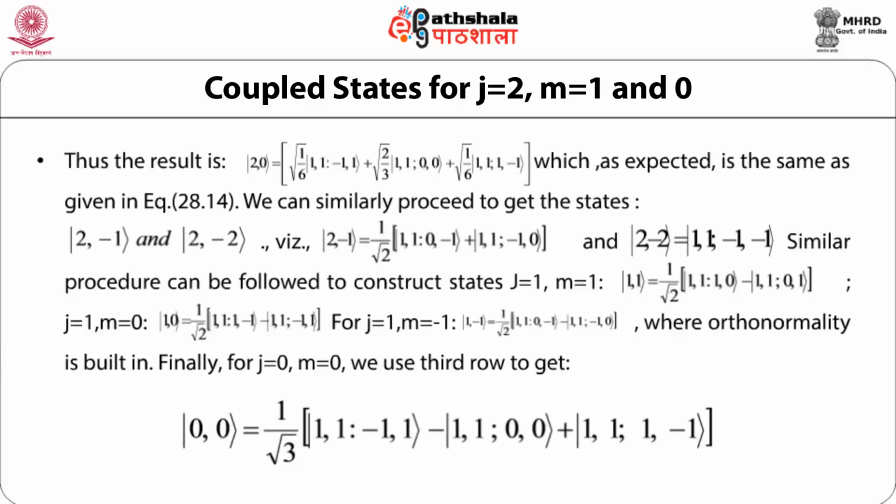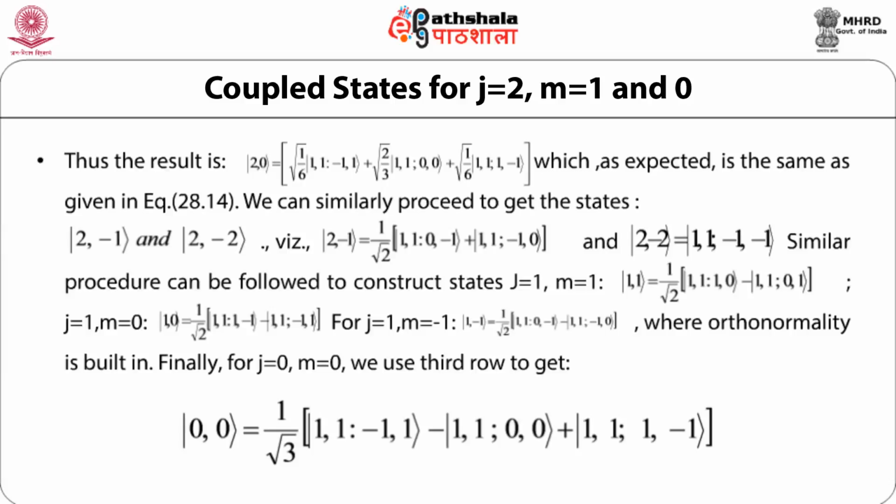A similar procedure can also be adopted to construct the states having the value of the total angular momentum j equal to 1 and the magnetic quantum number m equal to 1, and for this the coupled state is given as 1 comma 1 is equal to 1 by under root 2 times bracket open state 1 comma 1 and 1 comma 0 minus state 1 comma 1 and 0 comma 1 bracket close.